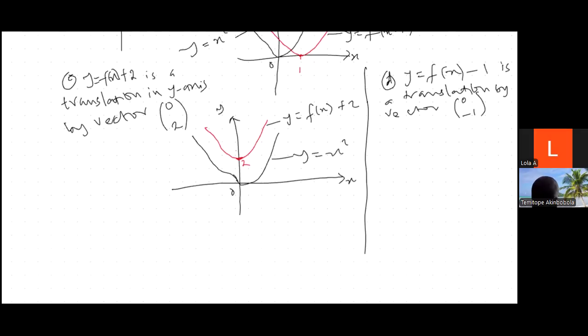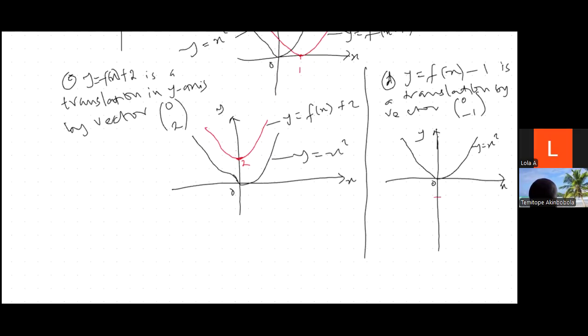So for D, there will be a shift downward by 1 unit. You have the x-axis, the y-axis. So y equals f of s. This is y equals s squared at origin. Then it will now shift downward by a unit. So minus 1 is here.